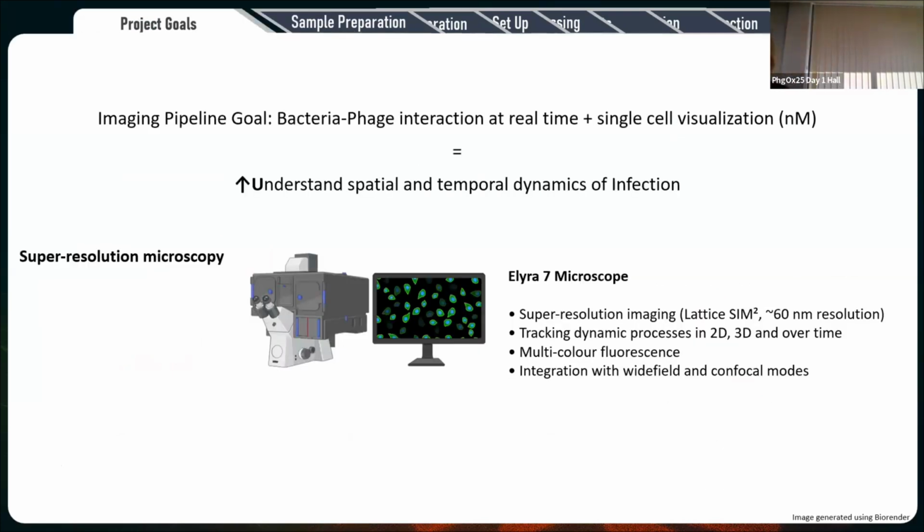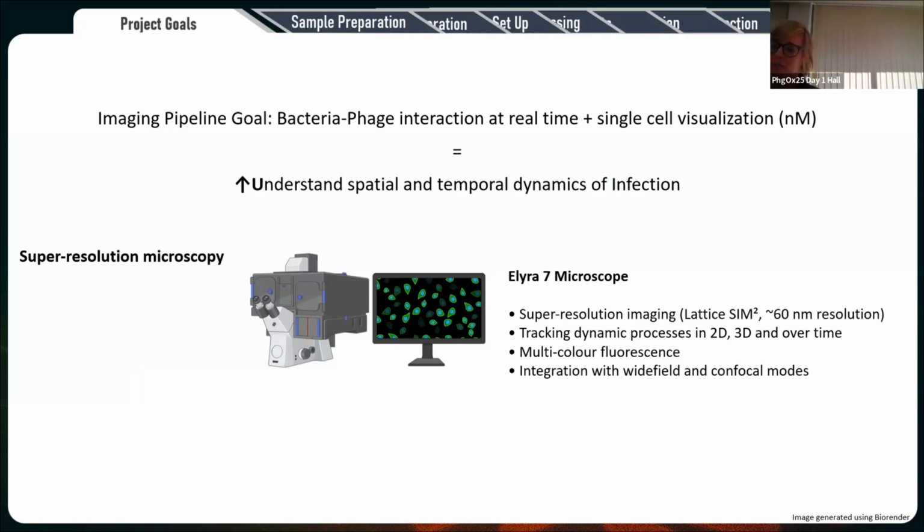So the goal that I've been working on is to develop a new pipeline for looking at Bacillus cell and phage interaction at the single cell level over a long period of time, so a high spatial and high temporal coverage. We have access to a microscope in our lab called the Elyra 7 microscope, which is a very fancy, expensive piece of machine.